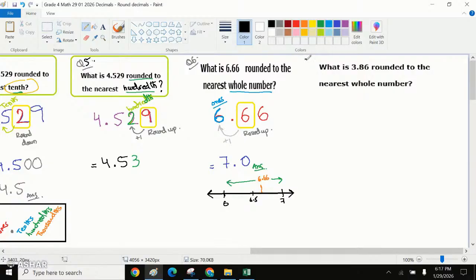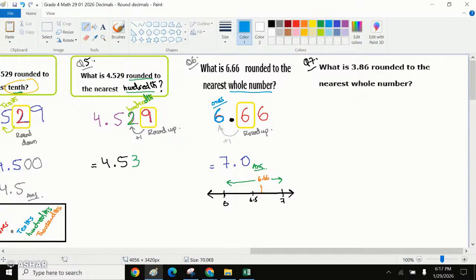For question number 7. Sami, this was 6.66, right? If we need to round it off to the whole number, we need to look at the next position.